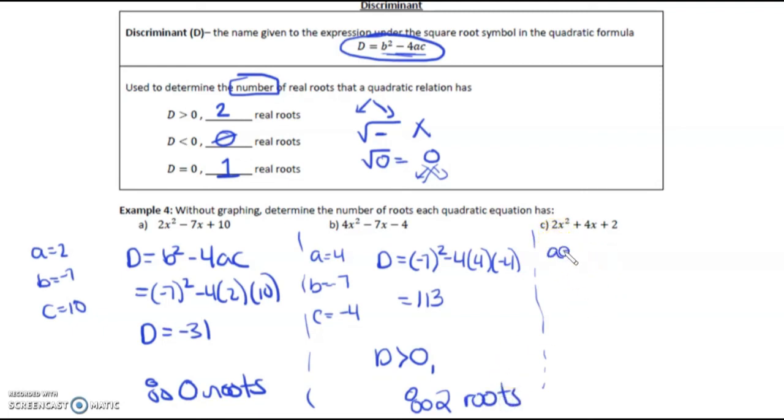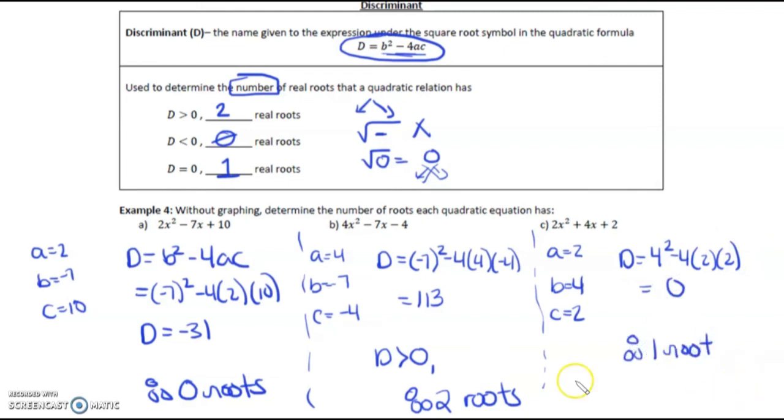And the last one, a equals 2, b equals 4, and c equals 2. So we sub in b squared minus 4ac, and we get 0. So since d equals 0, there's 1 root.